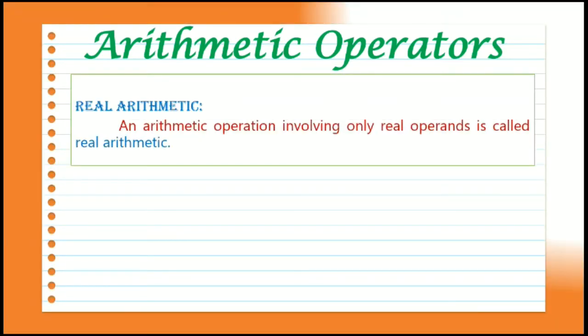Second type is real arithmetic. An arithmetic operation involving only real operands is called real arithmetic.